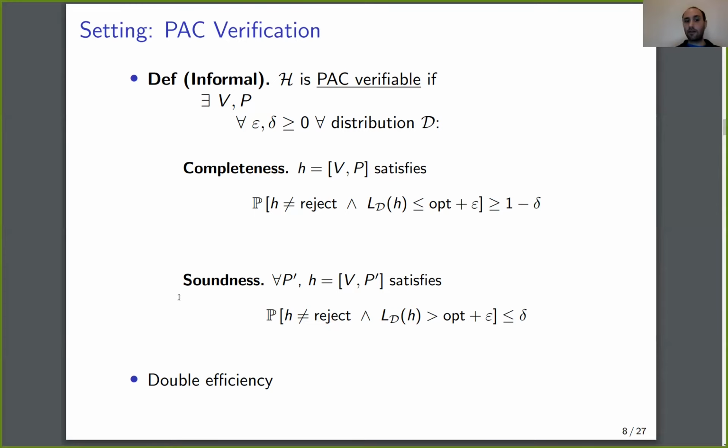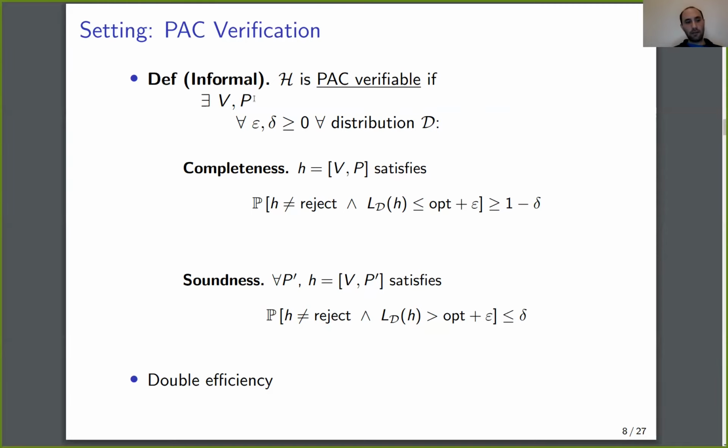And we're particularly interested in cases that satisfy double efficiency. So what we mean by that is that both the verifier and the honest prover need to be efficient. The dishonest malicious prover might be computationally unbounded, but we want both the verifier and the honest prover to be efficient.